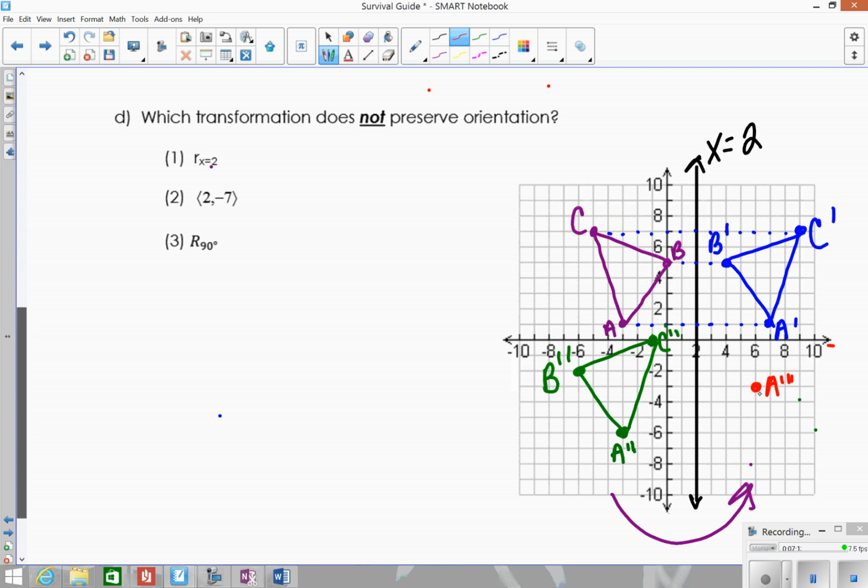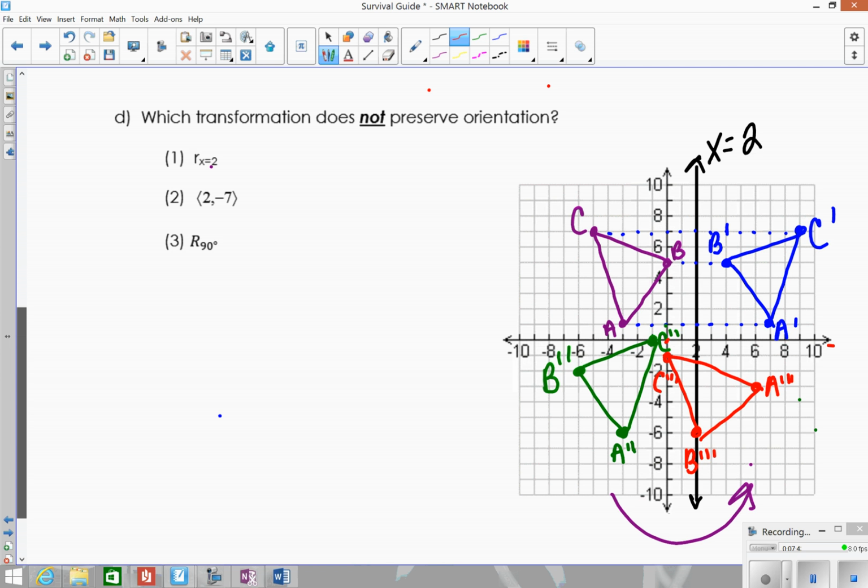And for B, I have 2, comma, negative 6. So this is going to be B triple prime. And then for C, it's 0, negative 1. So I connect, and here's my new triangle after a rotation of the green triangle of 90 degrees. You can see the center of rotation was 0, 0, and you can see that 90-degree angle after I rotated.